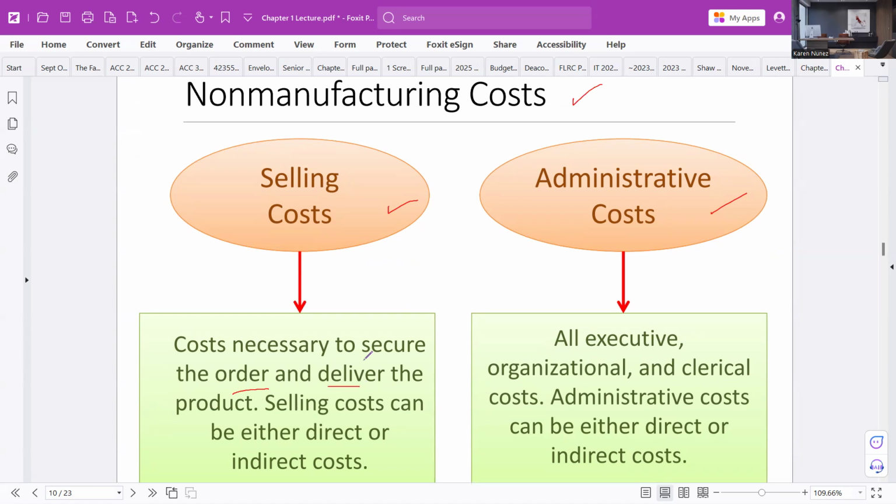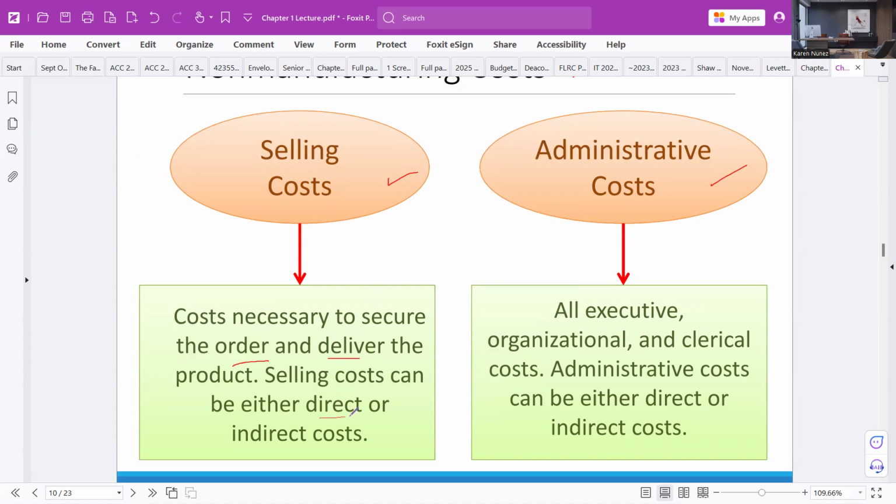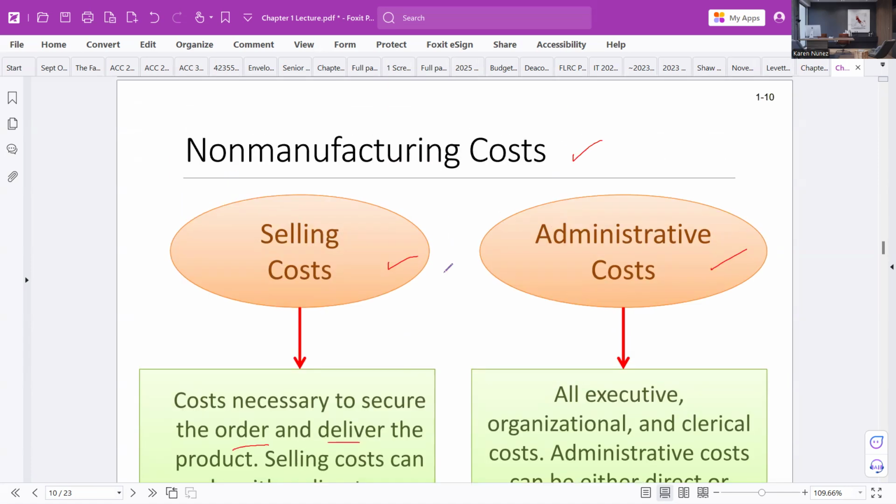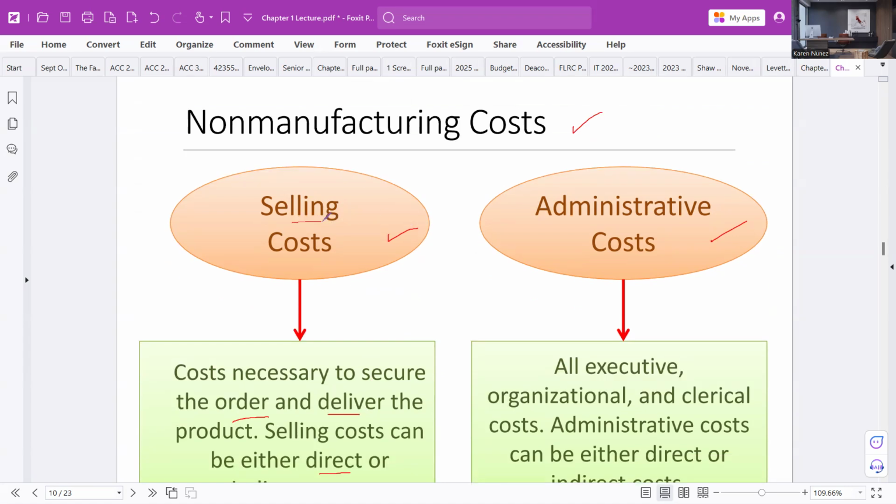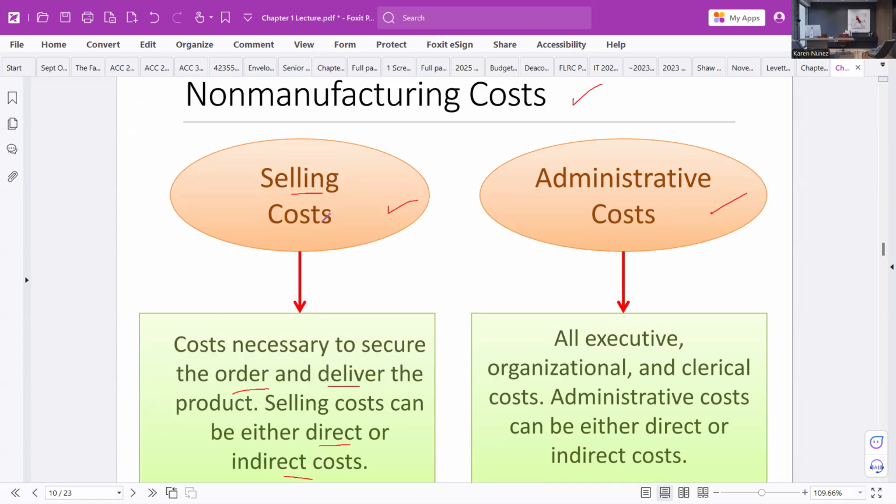Now, we can also take some of these selling costs and say that they are traceable and they're not traceable, but they're never manufacturing costs, right? They could be direct non-manufacturing costs. They could be indirect non-manufacturing costs, but they're never going to be manufacturing costs because they're not related to manufacturing. They're related to selling the product, to ordering and delivering the product.